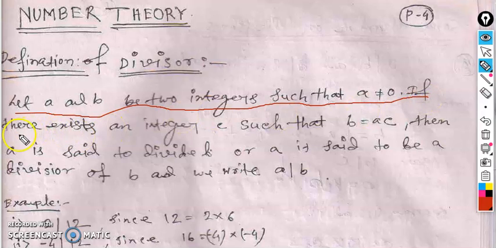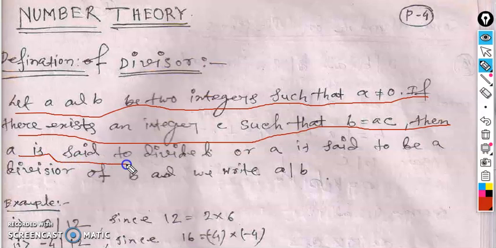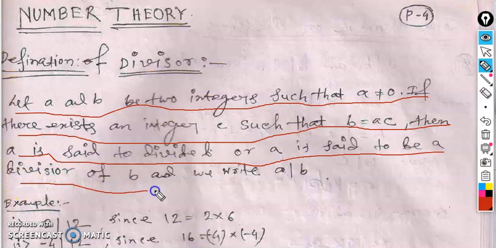If there exists an integer c such that b equals ac, then a is said to divide b, or a is said to be a divisor of b, and we write a divides b.